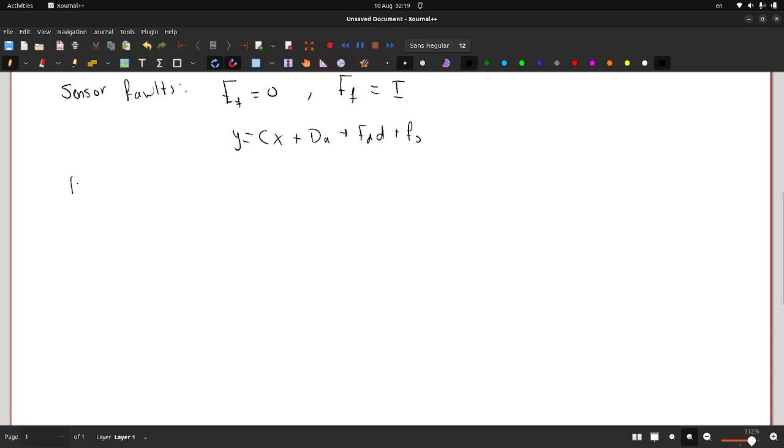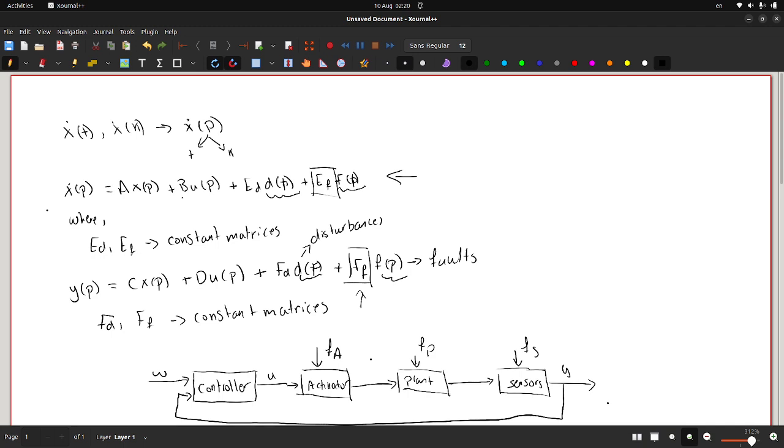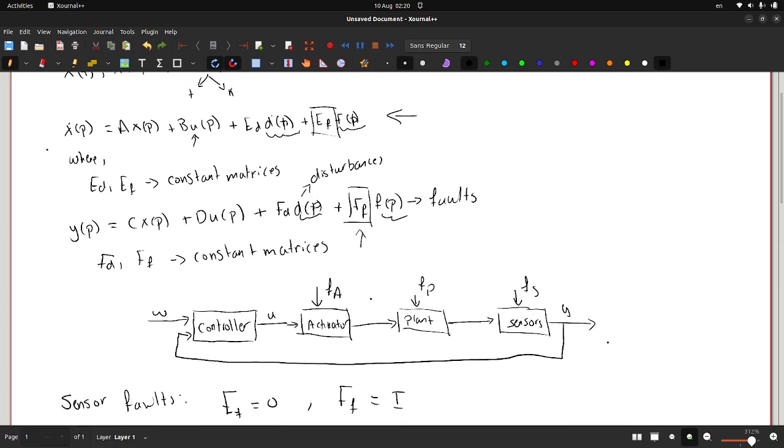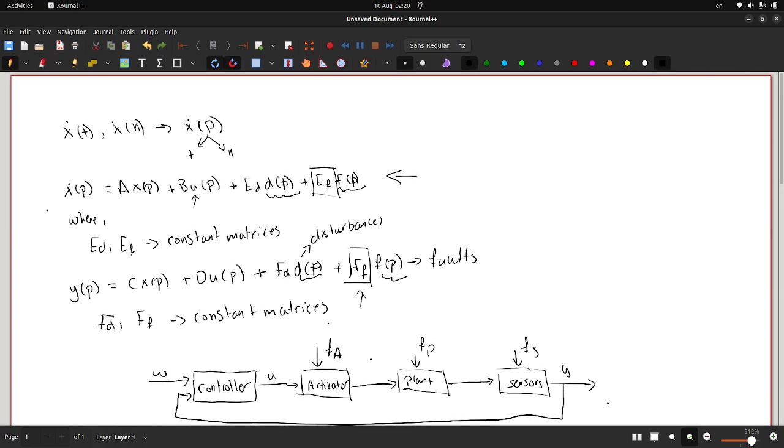For the actuator faults, if we have faults only in the actuator, we can introduce E_F as the B matrix, which is the input matrix. So they are equal, since they are affected by the control input to the actuator. And F_F equals D, since they are also affected by the control input u.